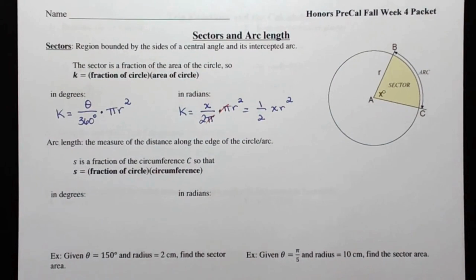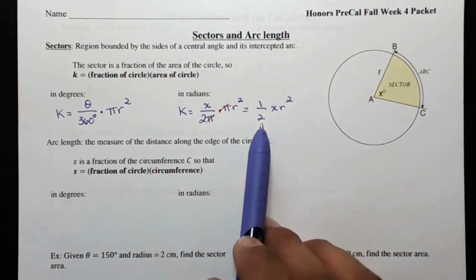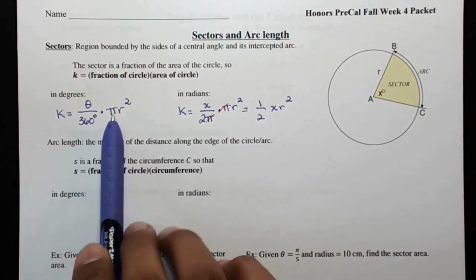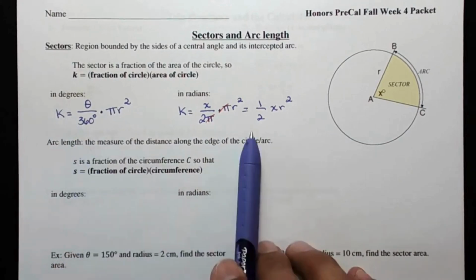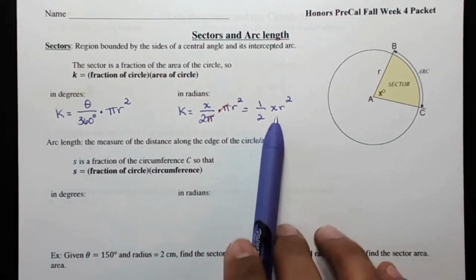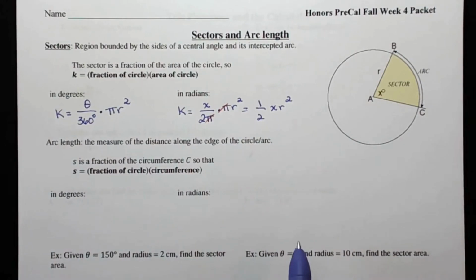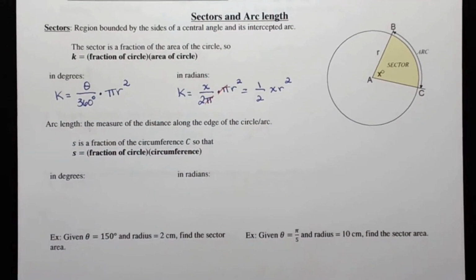Again, radians are kind of like an angle measure. So it's that number times r squared. Either remember how to derive it from the formula you should already know, or memorize it: 1 half the radian measure times r squared.